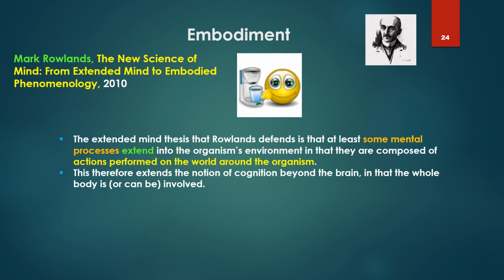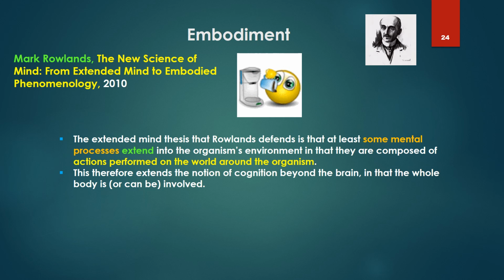So the extended mind thesis that Rowlands defends is that at least some mental processes extend into the organism's environment, in that they are composed of actions performed on the world around the organism. So this extends the notion of cognition beyond the brain, and the whole body is or can be involved.